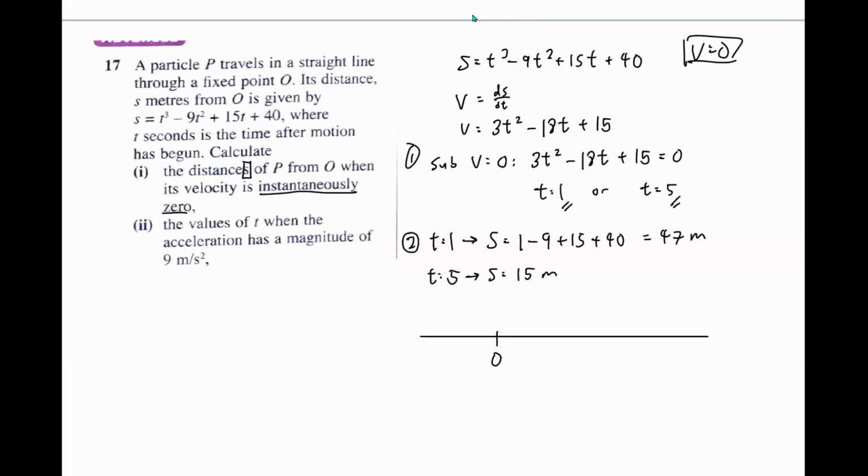T equals 0, t equals 1 becomes positive 47, which should mean you move rightwards. And then after that, you turn. So maybe like this. So t equals 1, t equals 0, then t equals 5.